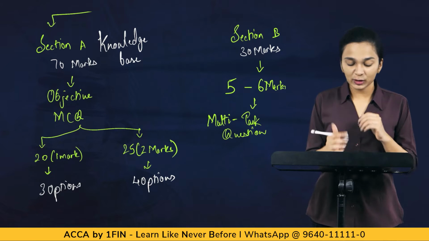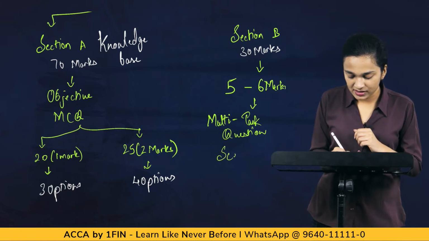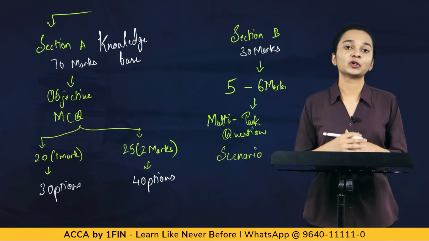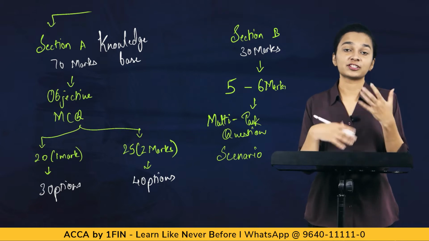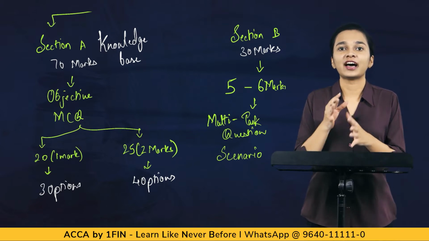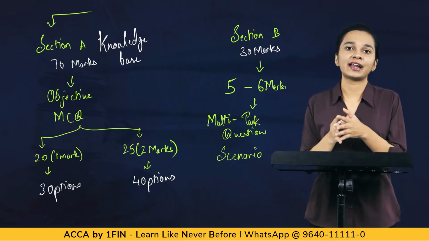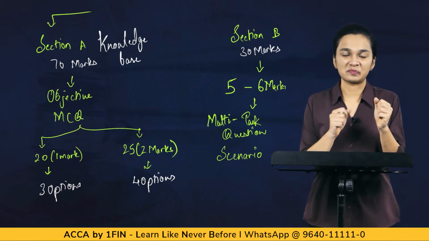Here you will be given different scenarios, and these would be scenario based questions, wherein on the basis of the scenario, you will have to understand the situation and give your answer.